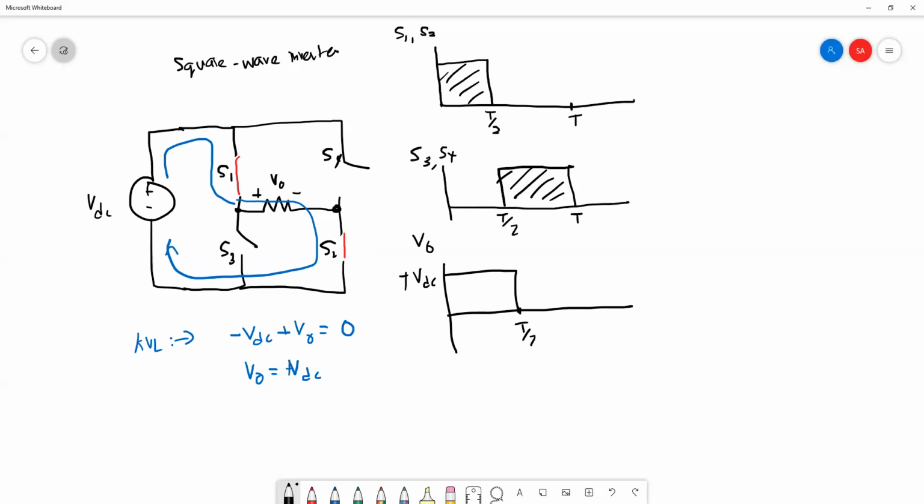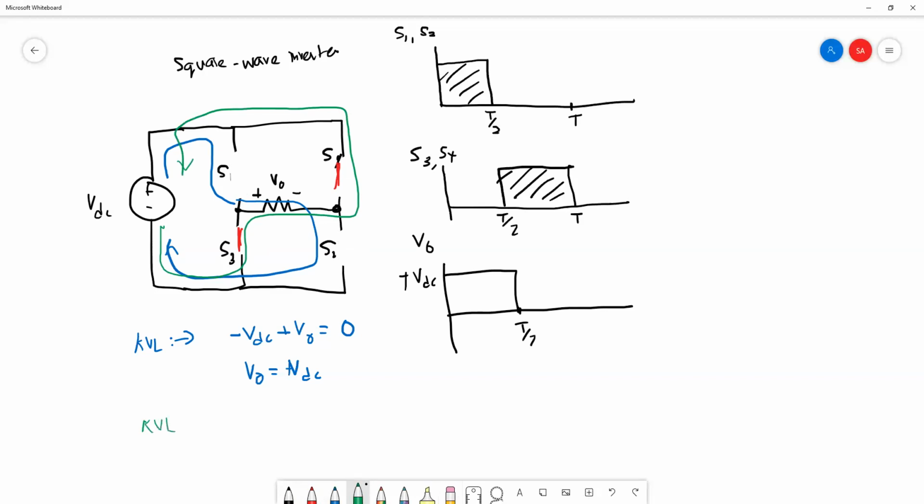And what about the other half? When S3 and S4 are turned on, what happens? It will flow here, go through S3 and go back through S4.